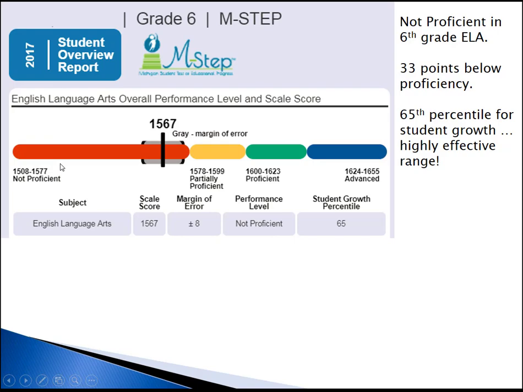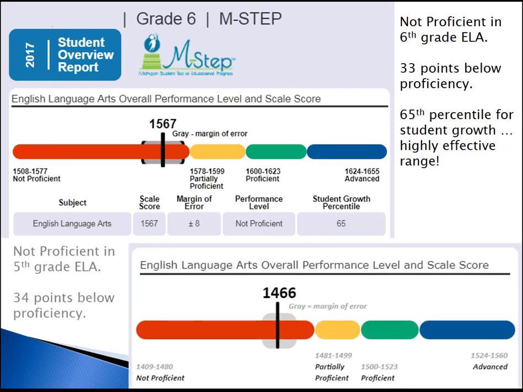But when I go and look at this student's 5th grade score, I notice that they were about in the same position. In fact, they were 34 points below proficiency, where now they're 33 points below proficiency. But clearly, they are still not proficient. Yet, their SGP is at the 65th percentile.